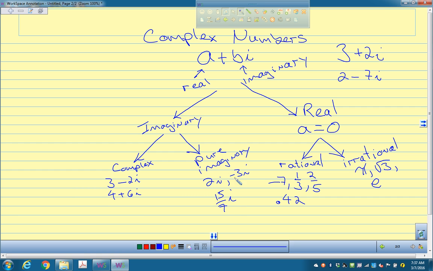Those are pure imaginary because they just have the imaginary part. And this has a real part and an imaginary part. So complex are this form, pure imaginary are these forms. Both of these types are imaginary. All of these types, all the numbers, are real numbers. Okay?